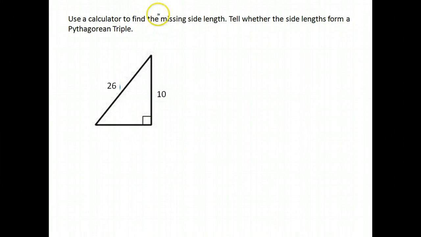All right, here's another one. So we're going to use a calculator again to find the length of the missing side. Again, we start with the Pythagorean theorem. A squared plus b squared equals c squared, which we can use on any right triangle. One of our legs is x, the other is 10, and our hypotenuse is 26. That gives me x squared plus 100 equals 676.